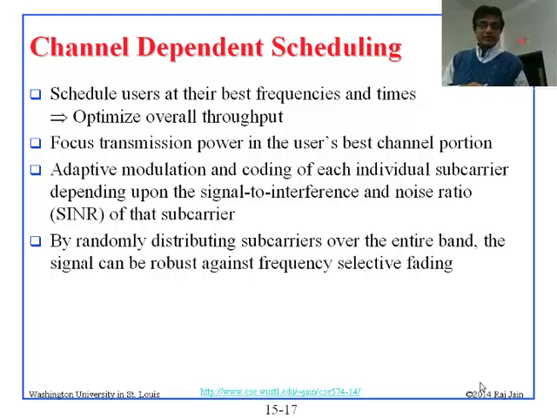And by randomly distributing subcarriers over the entire band, that's another thing we do, 4 things. Suppose we give you 5 subcarriers, then we might just distribute them all over, unless there is a reason to give you those particular ones. If there is no reason, then we just distribute all over. That way, you are not subject to noise in a particular area. You will get some good, some bad.